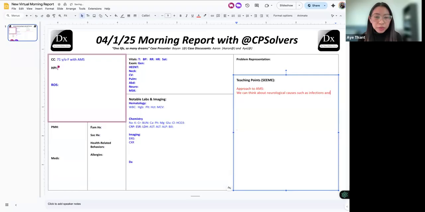And then there could be any neurodegenerative causes, dementia related, and then trauma, any structural lesions like hematomas, SDH, EDH, brain tumors. And we also have to differentiate any primary psychiatric causes and other systemic causes like toxic metabolic and drug related.